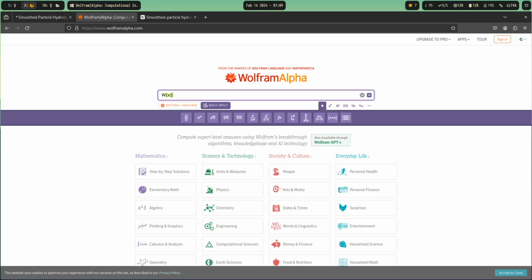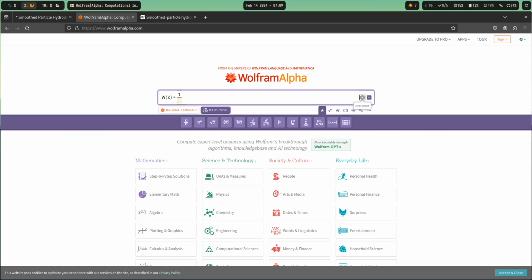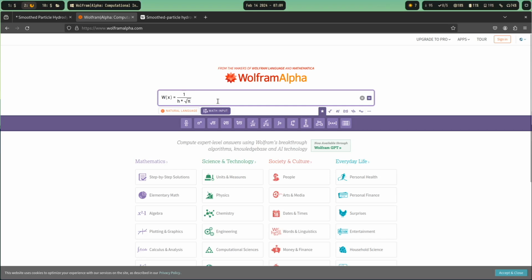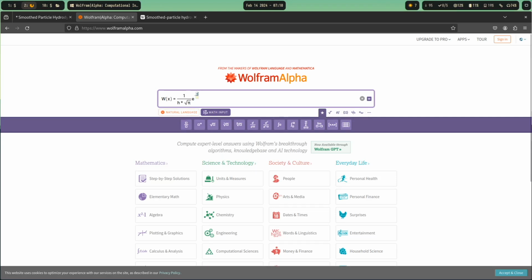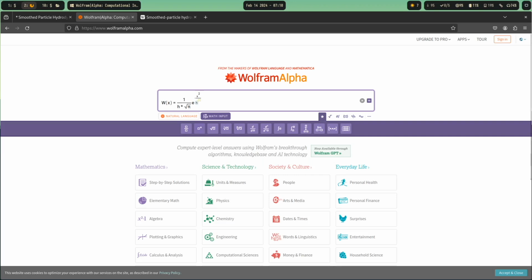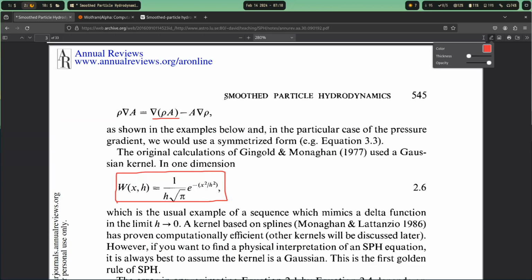So let's say we have W of x, and this is equal to h multiplied with square root of pi, and then we have the power e, and here we have minus and then a fraction, then we have x squared, and here it should be again like a power, h squared. I think it's good.